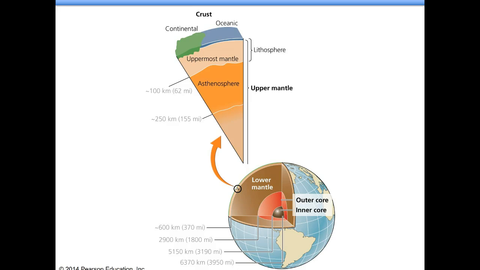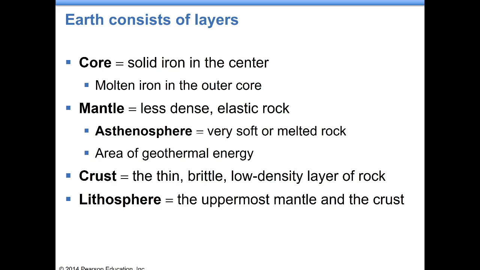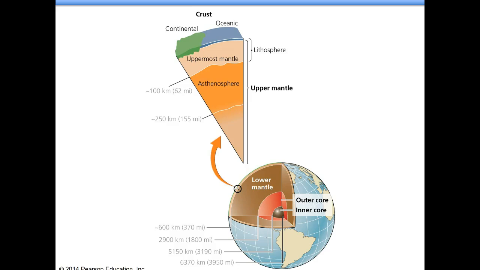So here we are. This is what we're talking about as far as the parts of the Earth. Here is that inner core that we said is really dense iron. Surrounding that core is that molten iron that we were mentioning before. Then this next part is the mantle, and that mantle has the asthenosphere in it, which has that melted rock, the magma, that we will be talking about.